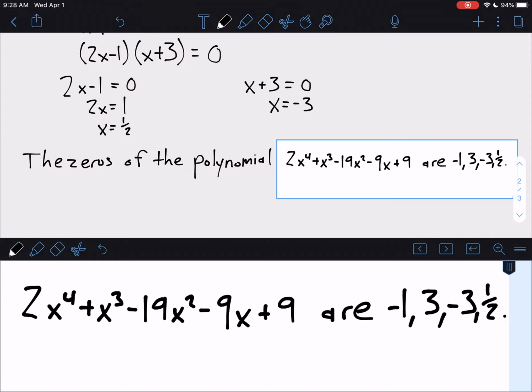So there we go. We got our 4 zeros, and we knew there were 4 because it was a 4th degree polynomial. And there are the 4 zeros.